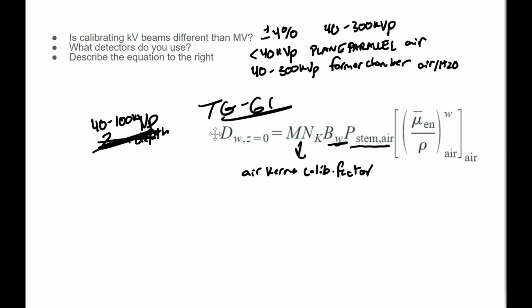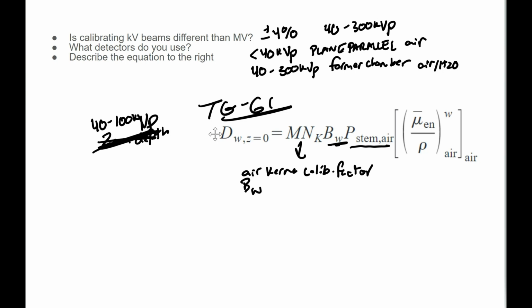We're taking these measurements in air, so there is no buildup and no backscatter. But in water, we do have backscatter and buildup, so we need a factor to accommodate that. That's why that B_w is there. Very important. That will clue you in to which one they are talking about.